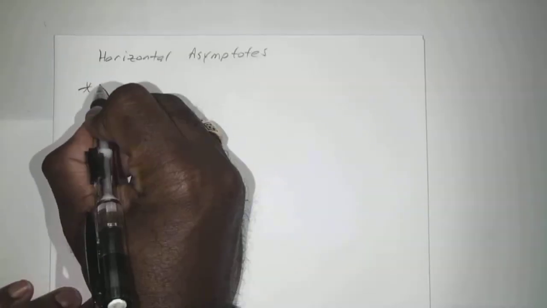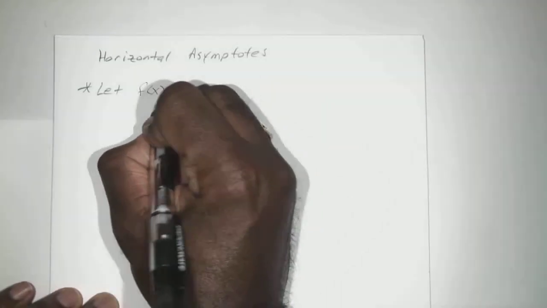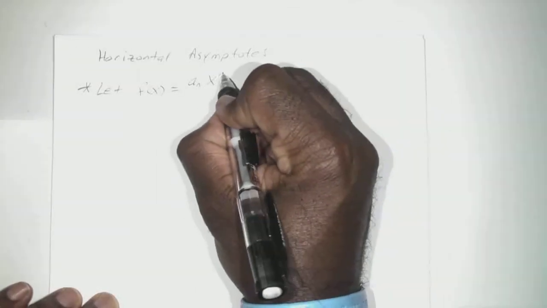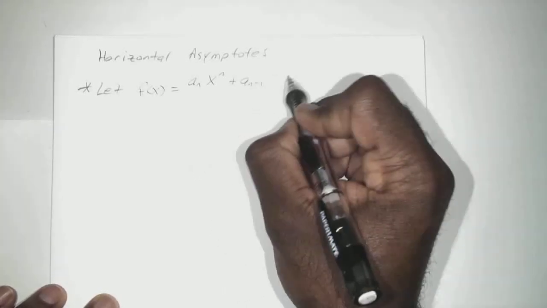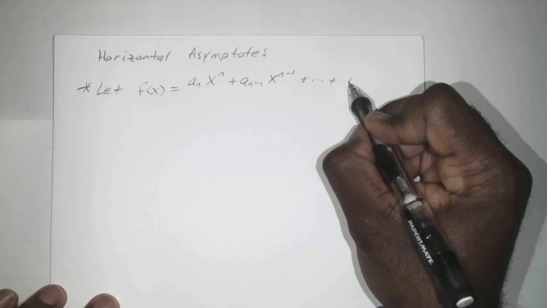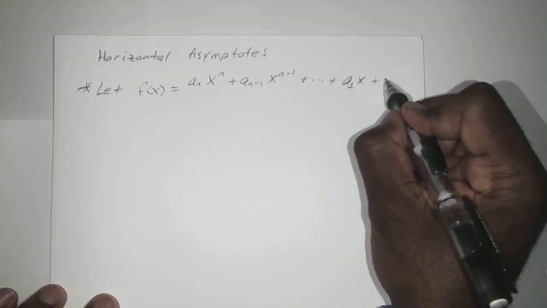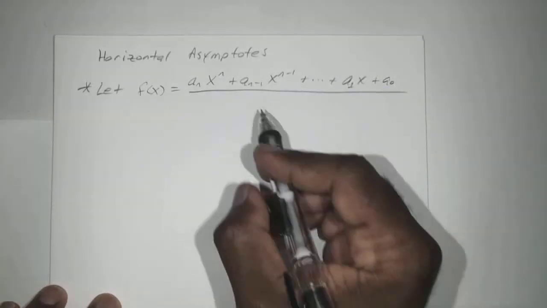So let's let f of x equal our lead coefficient and lead exponent, plus our next coefficient and next exponent, all the way down to our x coefficient and then our constant coefficient, all over our denominator.